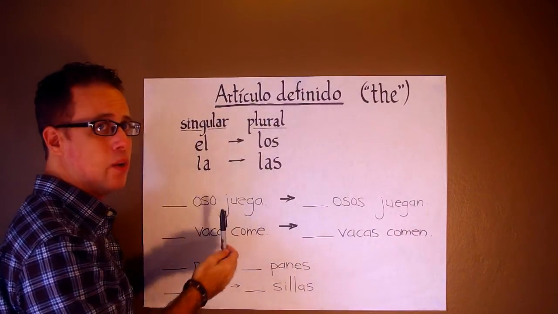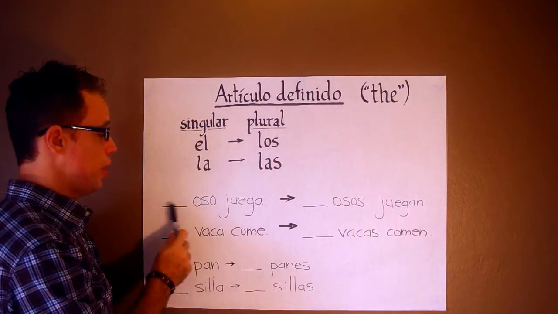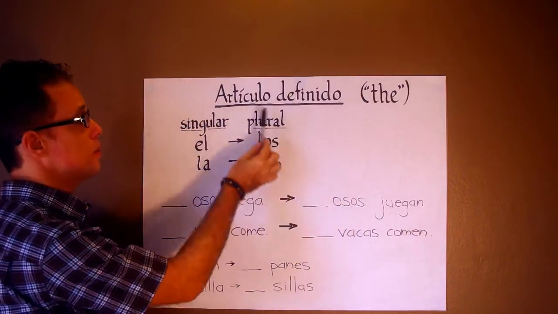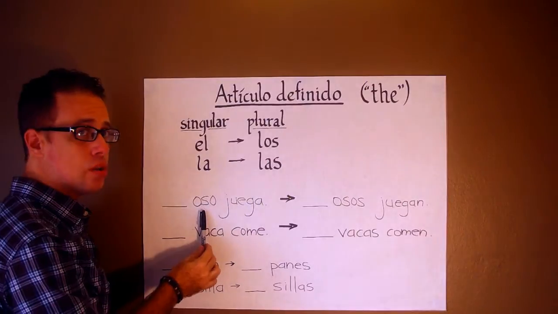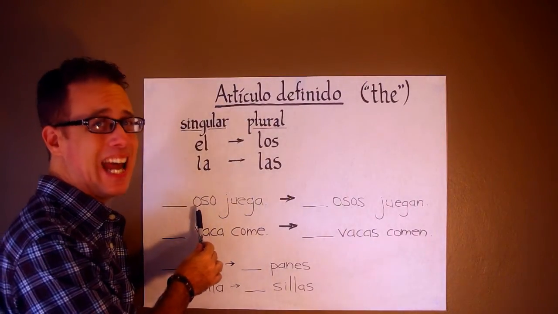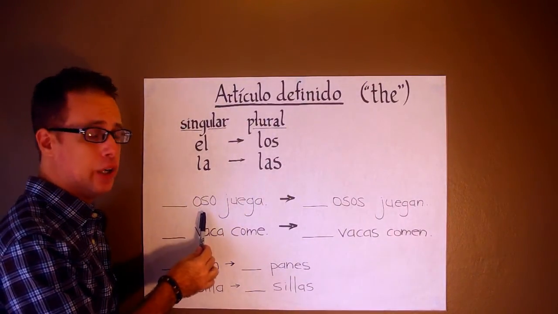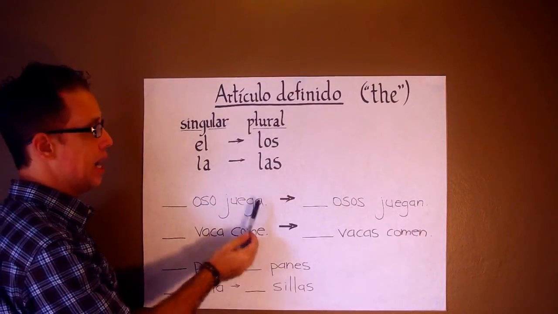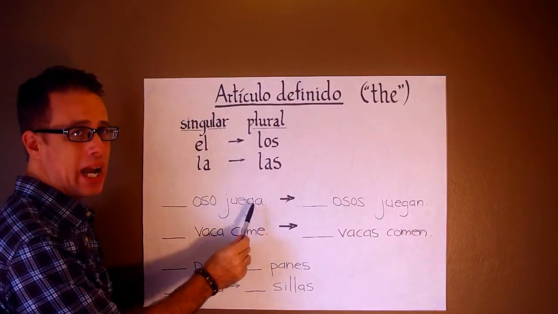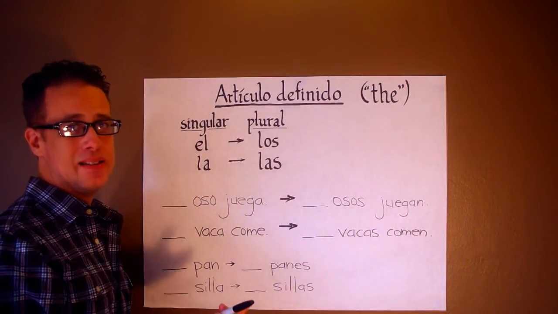Oso juega. I said it like this because I don't want to say the word, but you already know because of this table that we will use el, because oso is a masculine noun and it's in the singular. So we will say el oso juega. El oso juega. The bear plays.